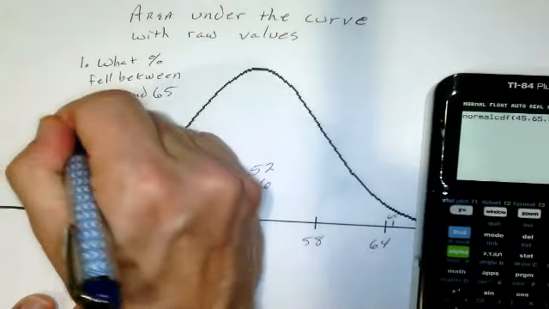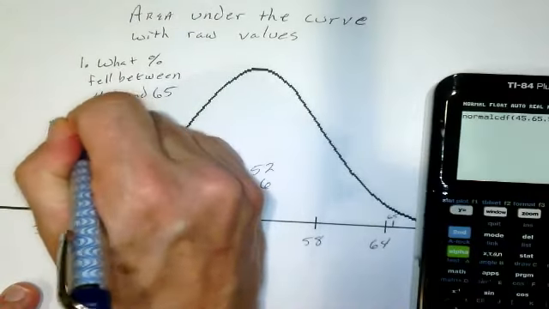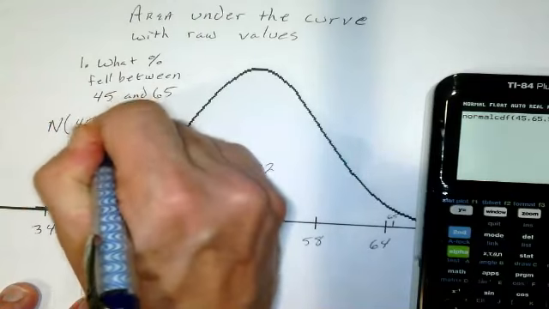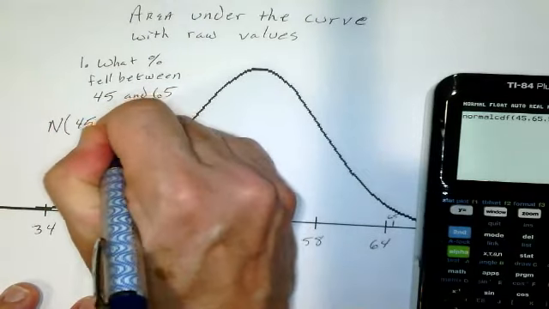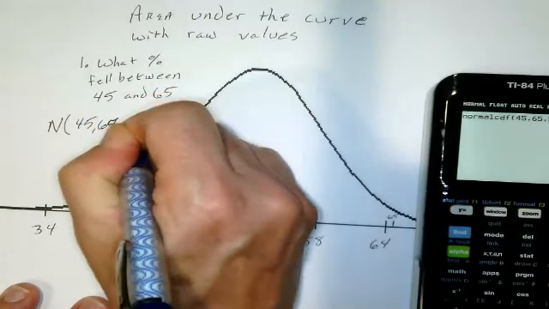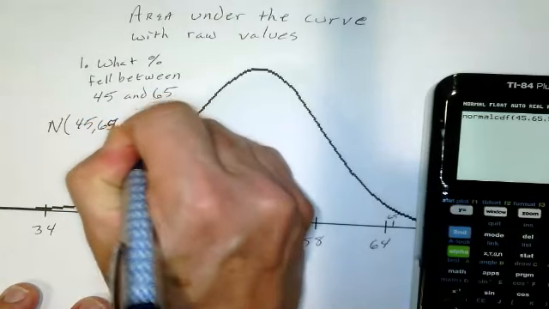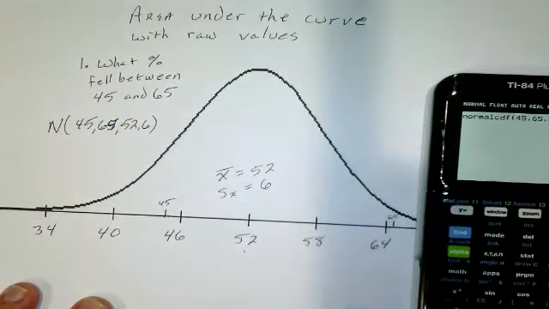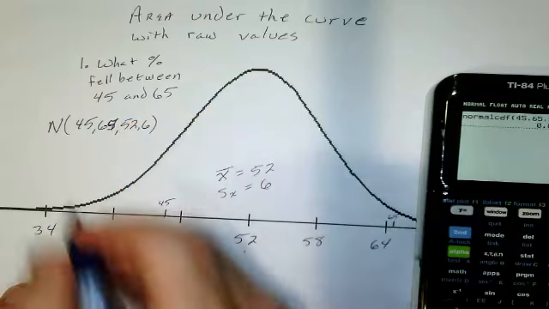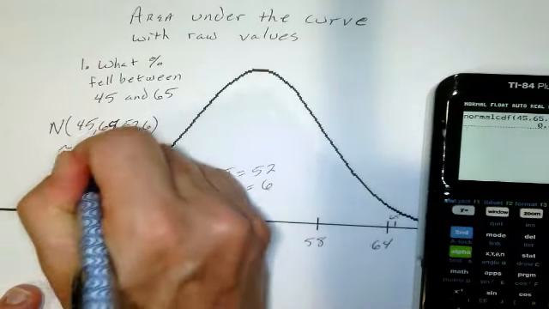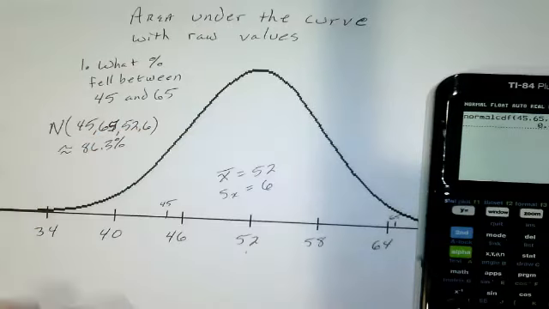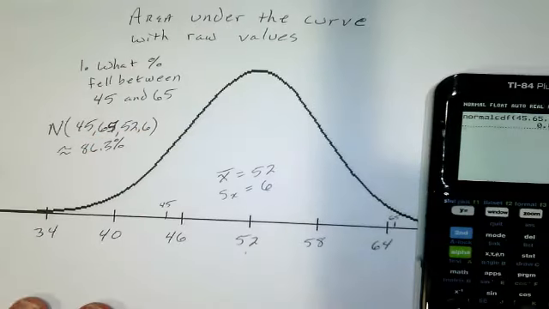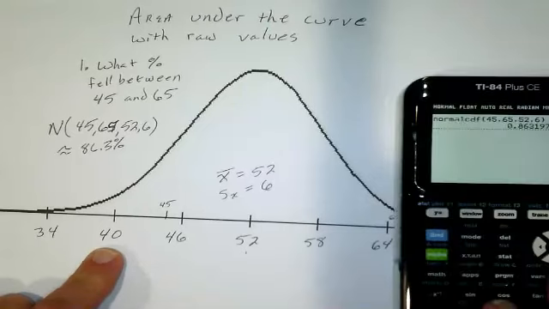We have a normal distribution between 45 and 65. Whoops, I said 65 and wrote a 64, sorry. With a mean of 52 and a standard deviation of 6. And so that ends up being approximately 86.3%. Okay, so that's finding the area under the curve with raw values.